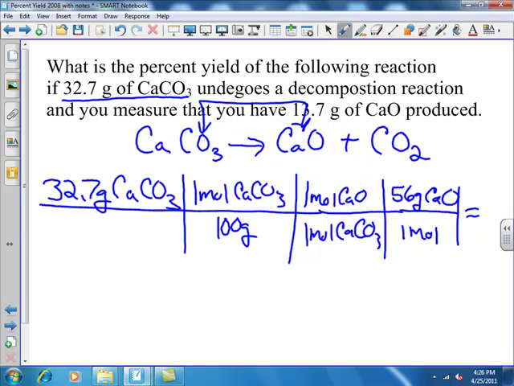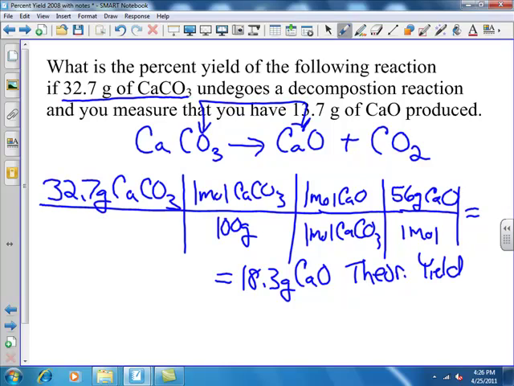Doing all that, we calculate that we should get 18.3 grams of CaO. Now, that is the theoretical yield, because I did a mass-to-mass stoich problem: 32.7 grams of this should produce 18.3 grams of CaO.